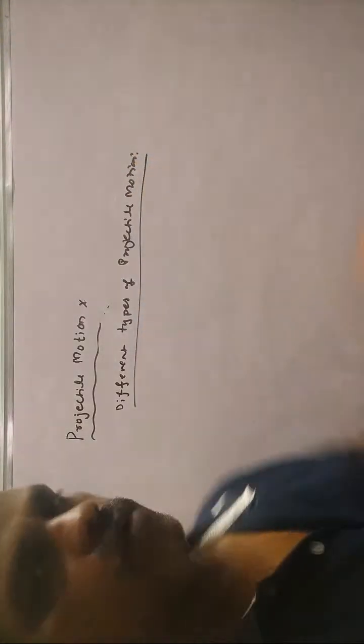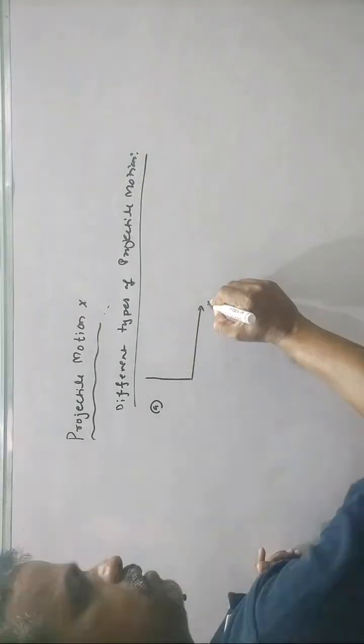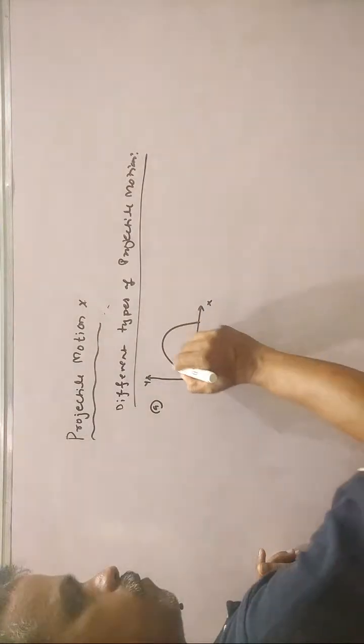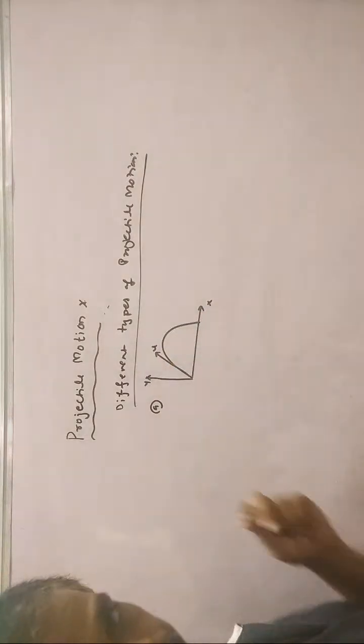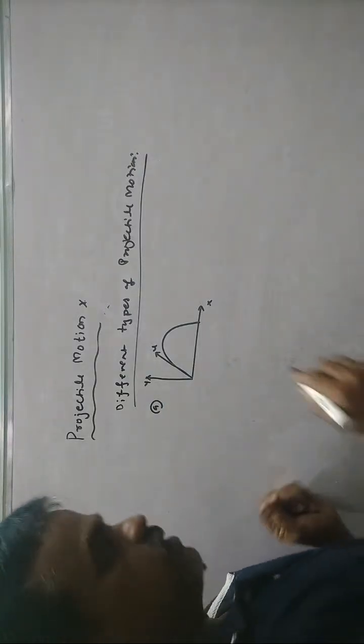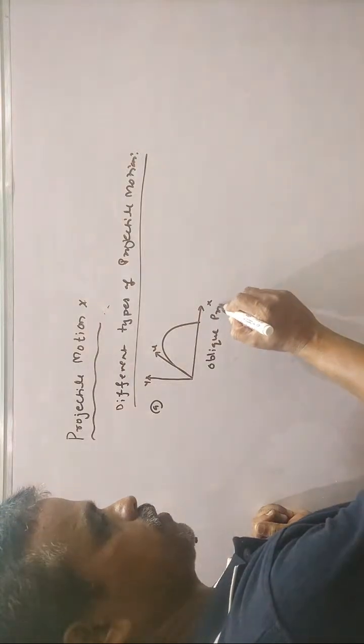Just you copy the graphs. This is along the x-axis, this is the y-axis. Like this. This is u. This is obliquely projected. Oblique projection.